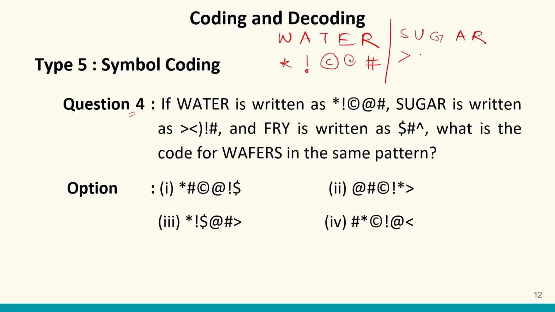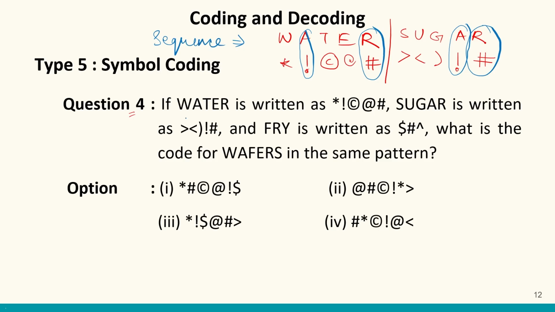Sugar is coded as this. So if I look at these two words, I can make out that for A we are using this code and for R we are using this code. So that means that the code is in sequence. We are following a sequence for the code.